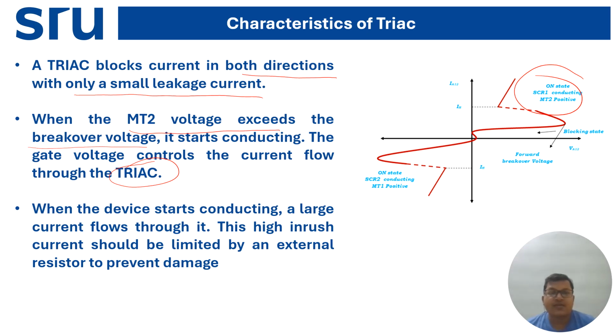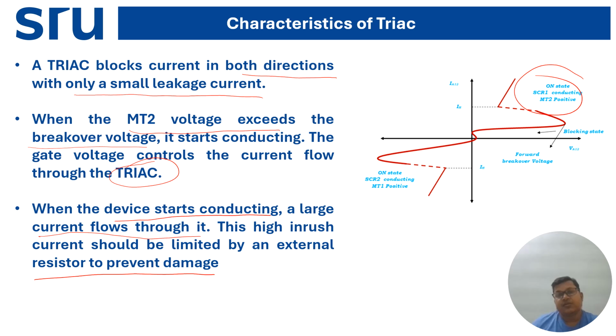When the device starts conducting, a large current flows through it. Obviously, when it starts conducting, it is acting as a closed switch. This high inrush current should be limited by an external resistor to prevent damage.